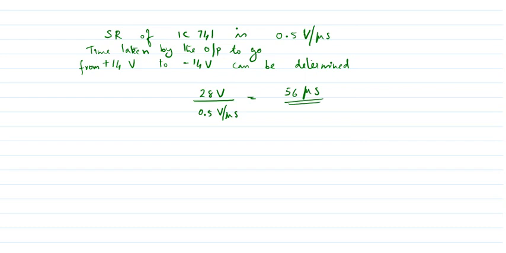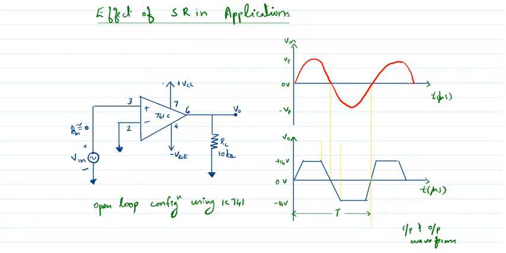So this is the time taken by the output to go from plus 14 volt to minus 14 volt. I will show it in this graph. This is plus 14 volt and it will go to minus 14 volt, so this time in between will be 56 microseconds.